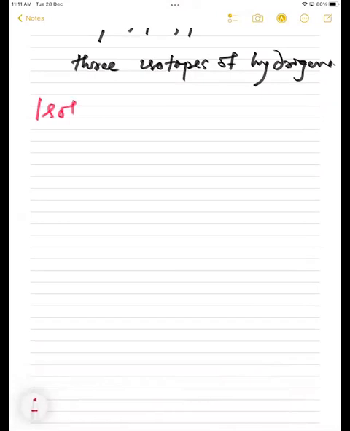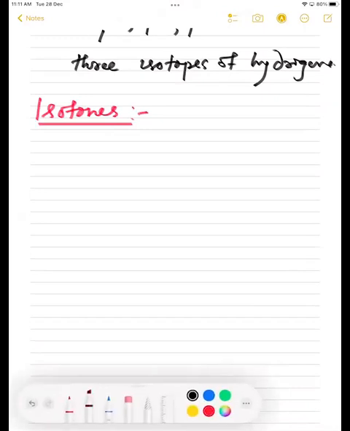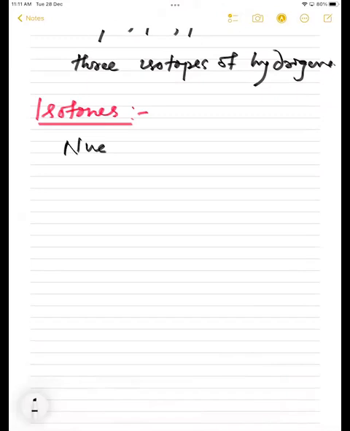Next is isotones. What are isotones, students?